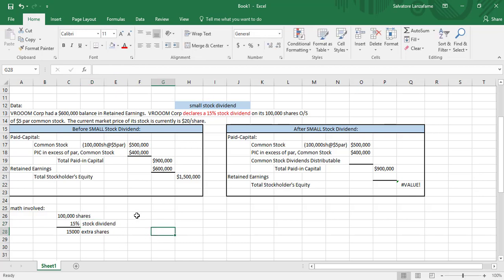The math is basically two steps. Now that we've got the 15,000 shares, I want to do some math with the 15,000. To calculate the debit to retained earnings, we'll just put here retained earnings, we need to take the 15,000 shares that the stockholders are receiving and multiply that by the market price.